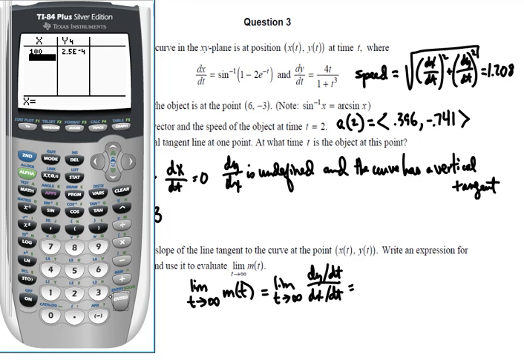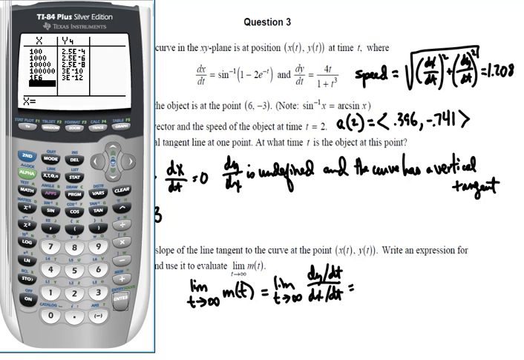So if I select x is 100, then x is 1,000, then 10,000, then 100,000, you can see that I'm getting closer and closer to 0. That's 1,000,000, and I'm getting closer and closer to 0, but I'll never hit that.